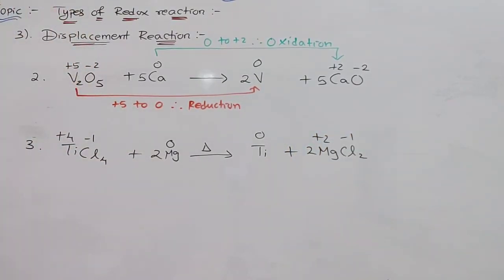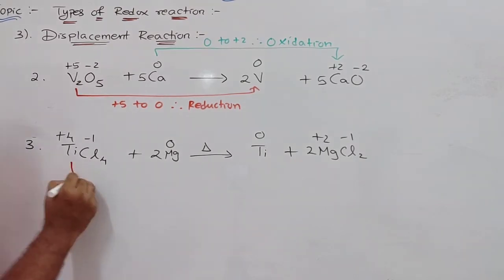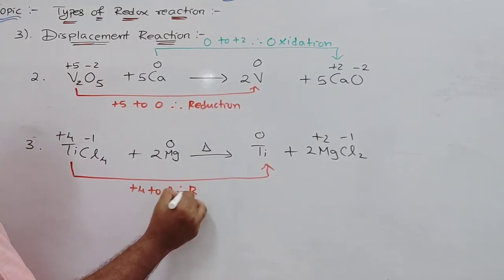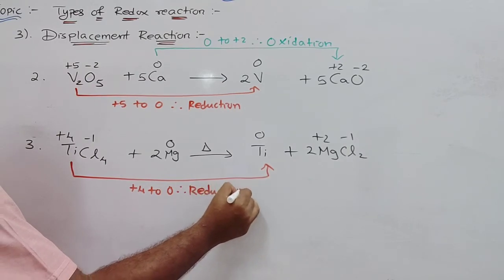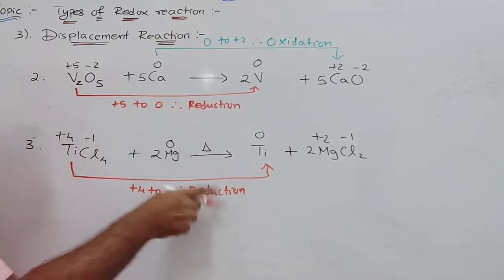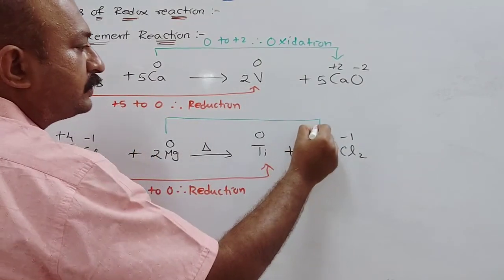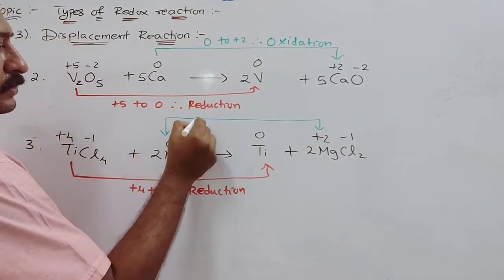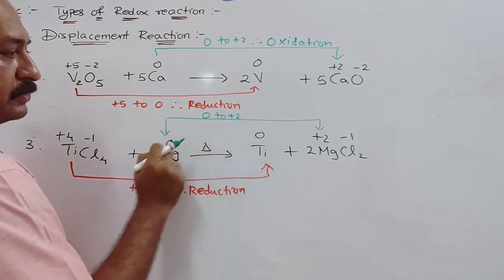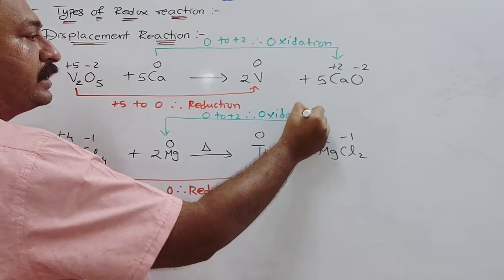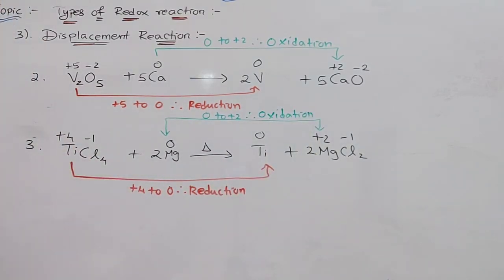Understood? Who is oxidized and who is reduced? Titanium goes from +4 to 0, therefore reduction, a decrease in oxidation number. For magnesium, it is 0 to +2, an increase in oxidation number, therefore oxidation. So this was the third example.